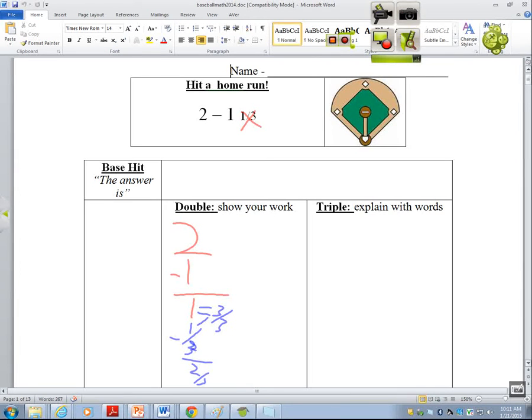Yes. This is the same as saying this. And I think Jace said this exactly the same. This is the same as doing 2 minus 1 minus 1/3. Does that help anybody?